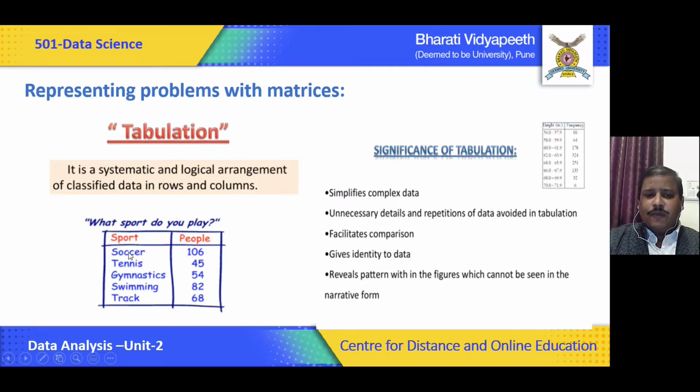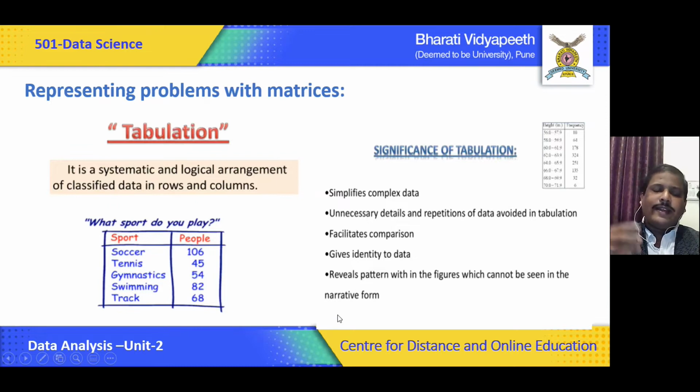These are the people who play, depending on their different interests. The scores here are 101, 45, 54, 22, 68. These are the frequencies, as we call them in statistics, the number of people interested in a particular sport.